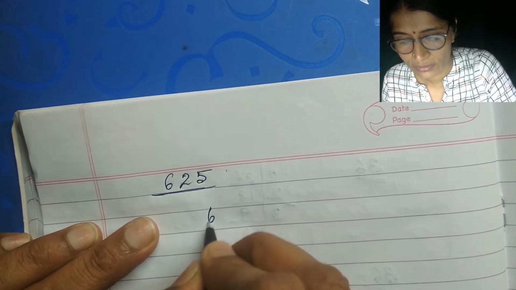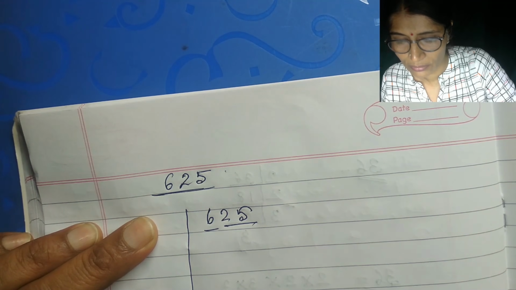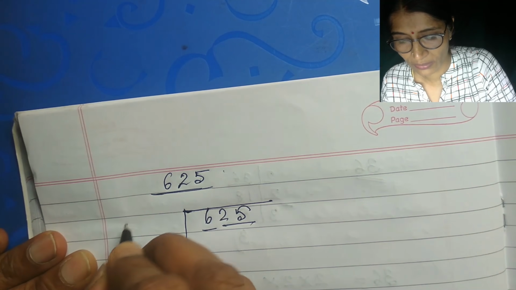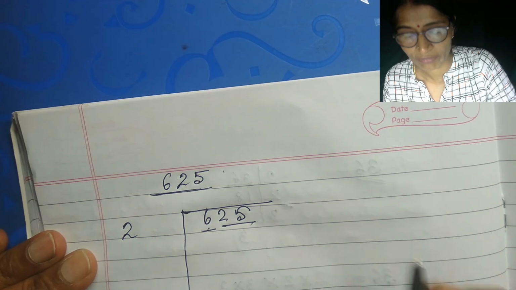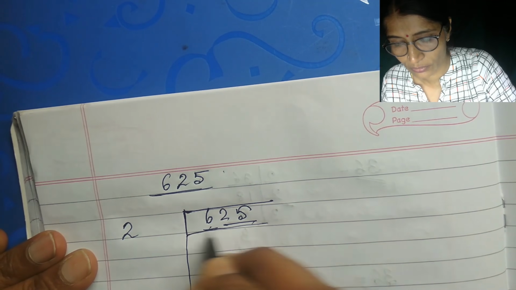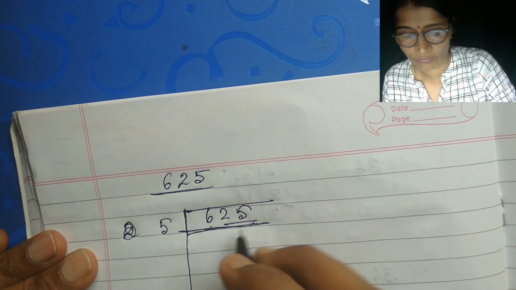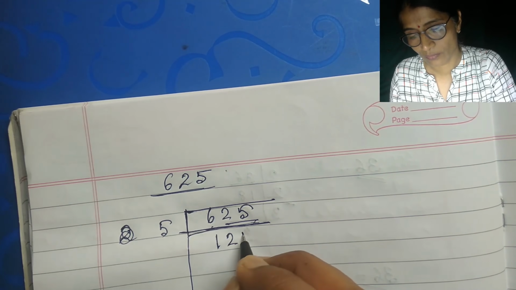Let's check 625. Sorry, we have to do prime factorization. This is divisible by 5. 5 1s are 5, then 125.